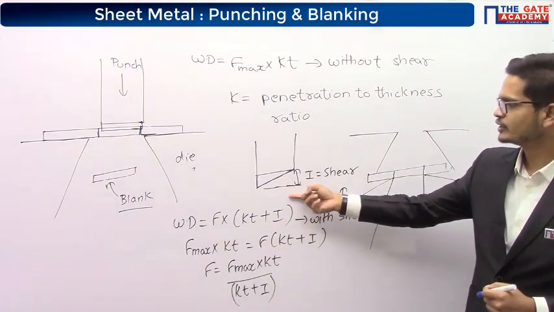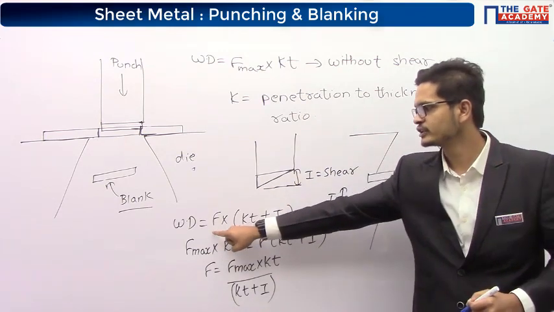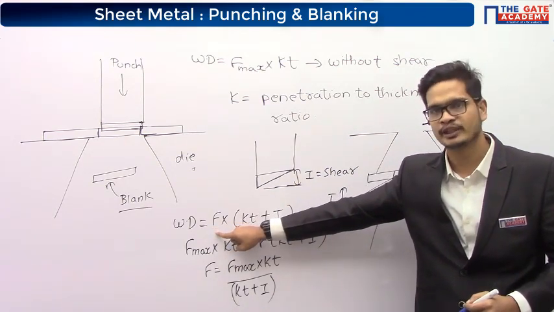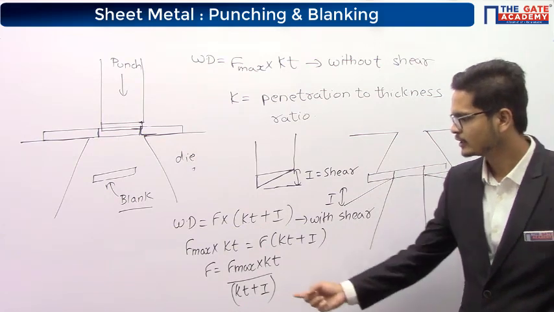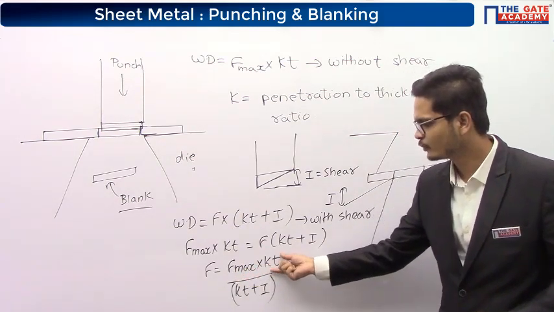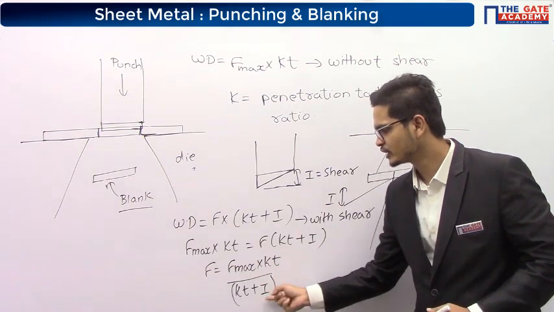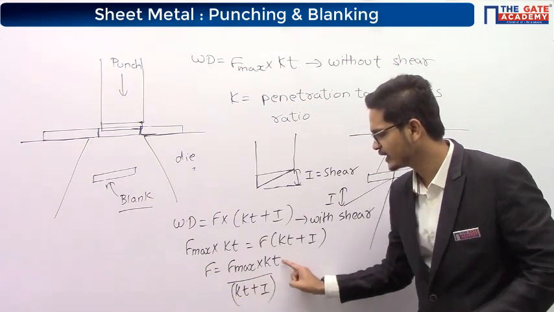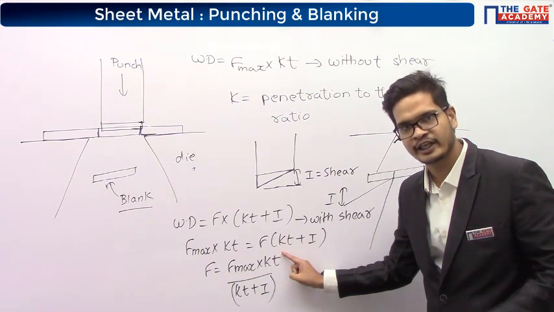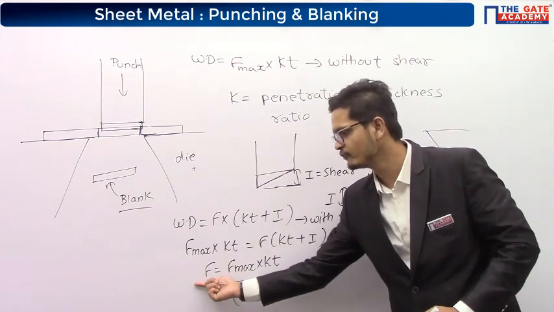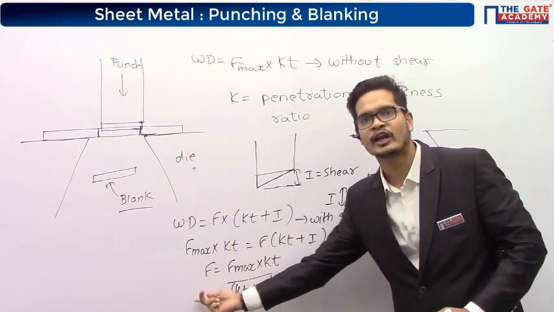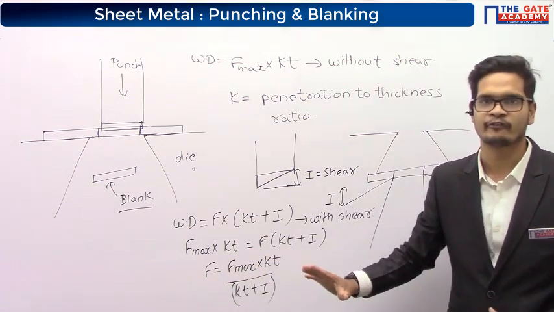So with the provision of shear, I am taking the force simply as F. Here you can see F max into KT divided by KT plus I. KT plus I will be greater than KT, and hence F will be less than F max. Therefore, I am simply taking it as F.